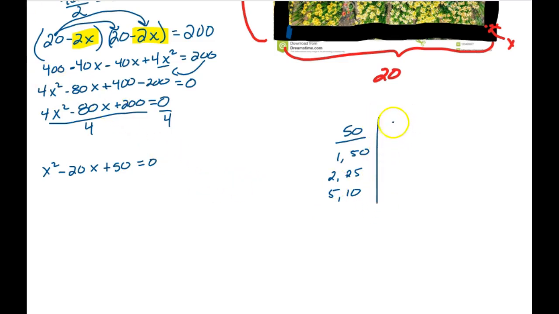So remember your quadratic formula. x equals negative b plus or minus the square root of b squared minus 4ac, all over 2a.